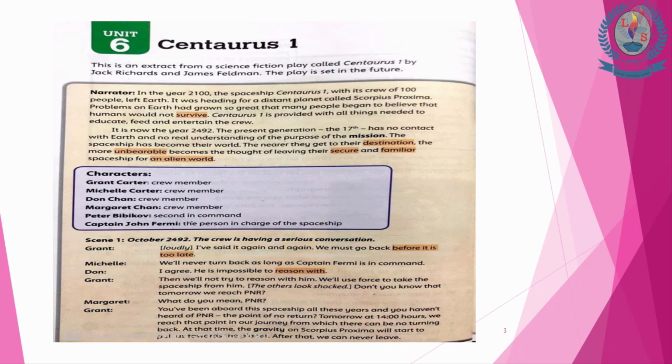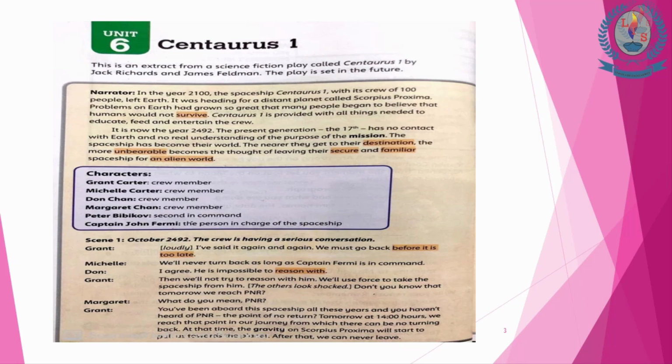Narrator: In the year 2100, the spaceship Centaurus 1 with its crew of 100 people left Earth. It was heading for a distant planet called Scorpius Proxima. Problems on Earth had grown so great that many people began to believe that humans would not survive. Centaurus 1 is provided with all things needed to educate, feed, and entertain the crew.